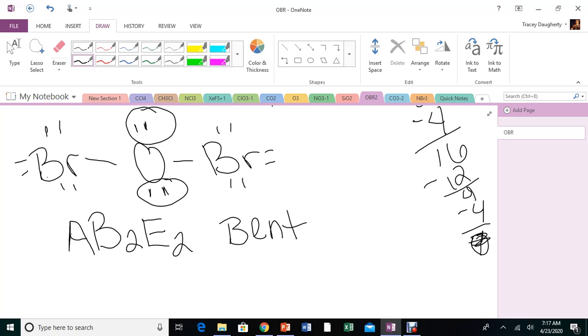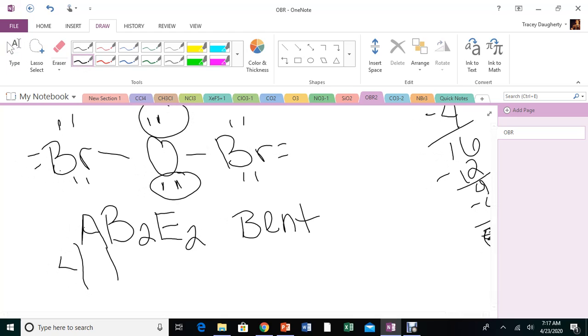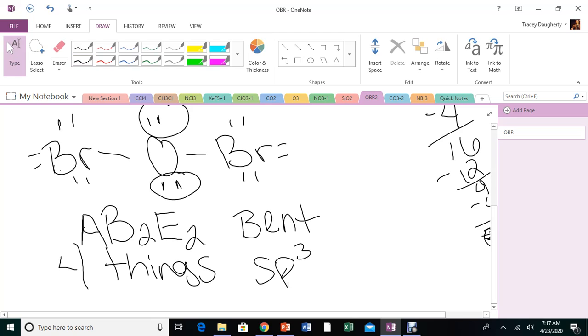OBr2, again, it doesn't matter what these things are, it just matters that they are there. So we have 2 Brs plus the 2 lone pairs makes 4 things, which means that it is sp3.